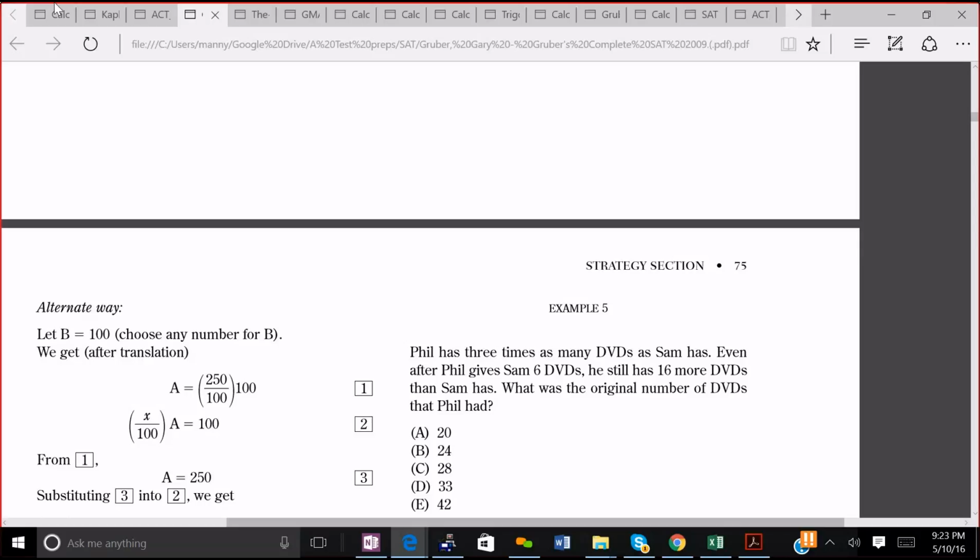Phil is 3 times as many DVDs as Sam. Sam is x. And Phil is 3x minus 6. And then Sam is 3x plus 6 since he's getting 6 DVDs. Okay.